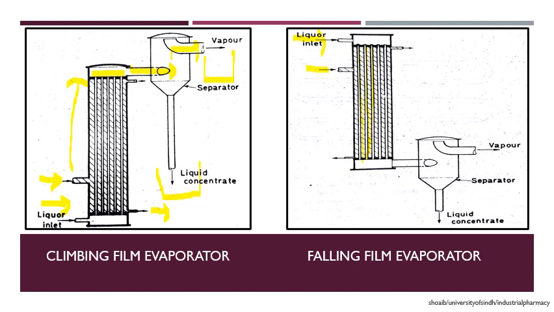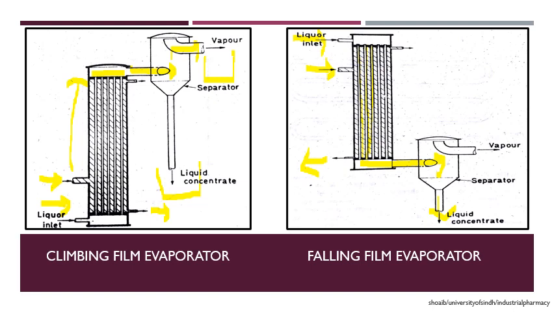Steam will be coming from here and going out from here. As the film is formed, the vapors go from this tube to this vessel, which again has the ability to separate the vapors and the liquid concentrate. Our product is obtained at this downside. The major advantage of the falling film evaporators is that they can be used for concentrated liquors.